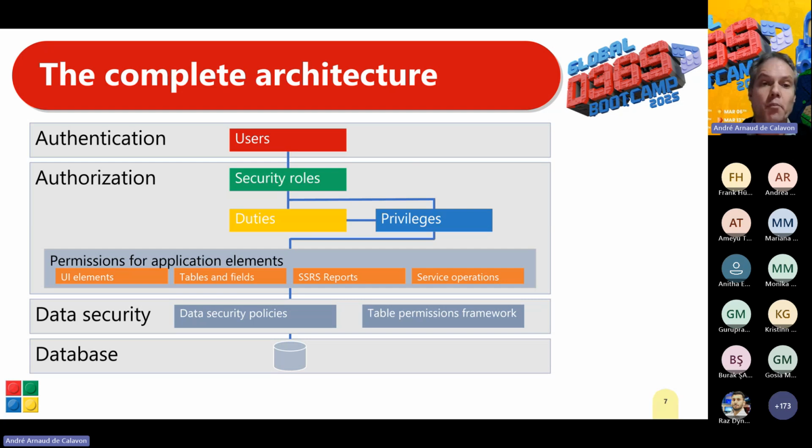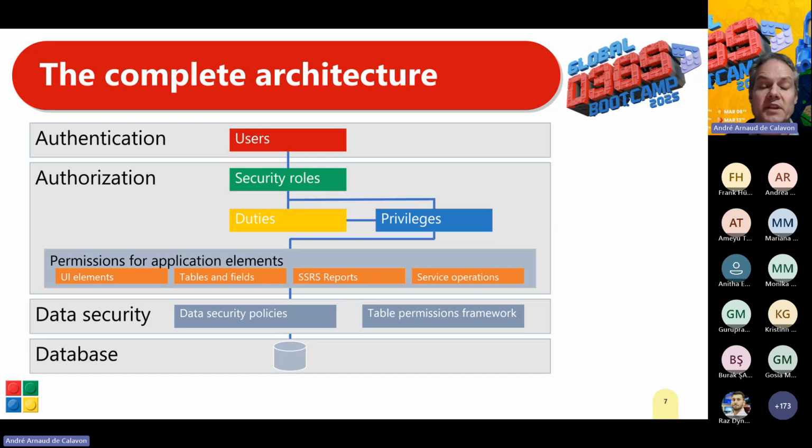If we look at the full picture, again we start with the users, the security roles, duties and privileges. However, you don't see any menu items here, as that is part of the UI elements. A menu item is a UI element which is visible in the menu and will start a form or a report in the application. If it's a form, then the form also has a lot of controls, and each control is also a UI element that can be secured in the application.